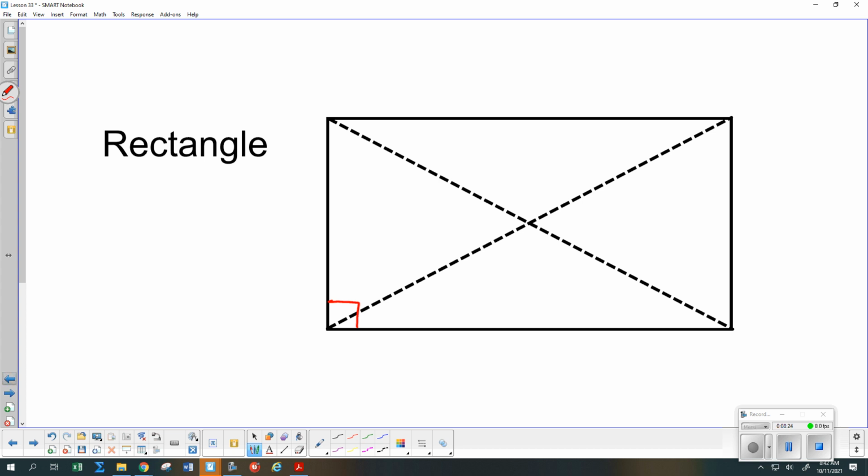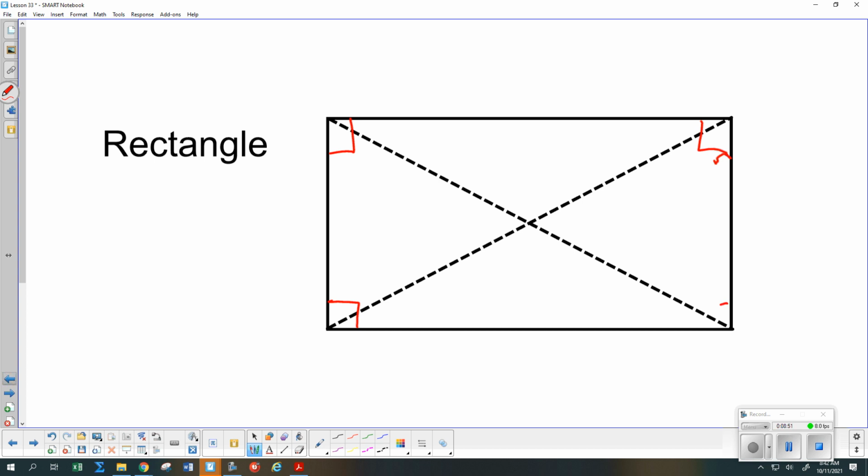But we also know any 2 consecutive angles are supplementary. So this bottom left and top left are consecutive. They have to add up to 180. So if the bottom one is 90, this has to be 90, or they don't make 180. The top 2 are consecutive. They have to add to 180. If one is 90, the other one is 90. The 2 on the right are consecutive, so they have to be supplementary.